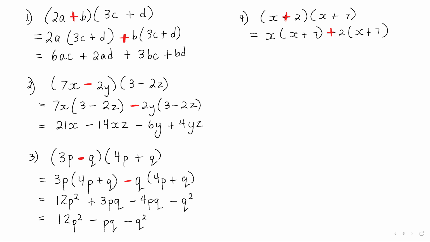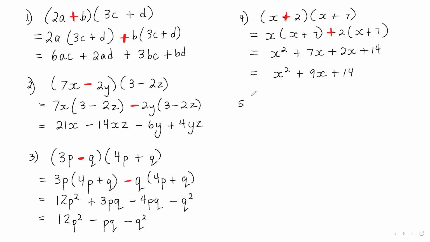All right, so expanding my brackets, I have x by x, which is x squared. x by 7 is 7x. 2 by x is 2x. 2 by 7 is 14. So this gives me x squared, 2x plus 7x is 9x plus 14.